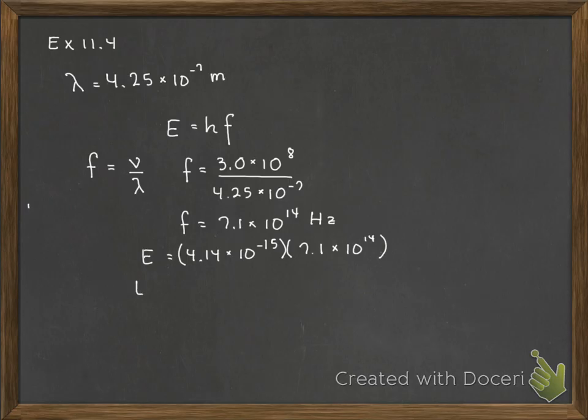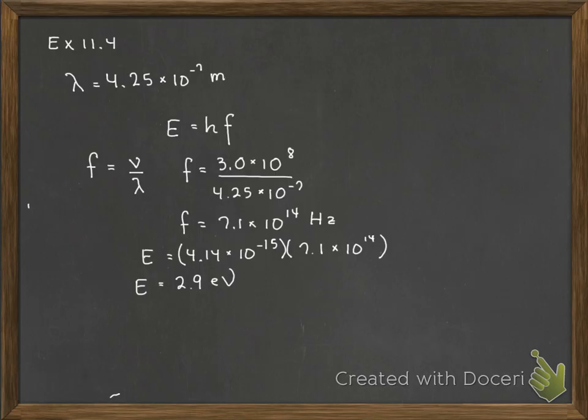All right, so we find that that energy is 2.9 electron volts. So when you multiply Planck's constant times your frequency, you get 2.9 electron volts.